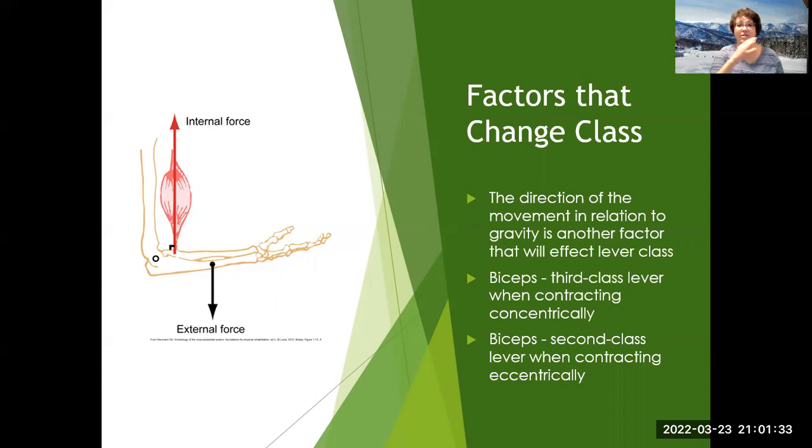So you have ARF instead of AFR. So when the biceps is contracting concentrically, we are going for motion. When it's contracting eccentrically, we're going for power to control the descent of that weight going down.